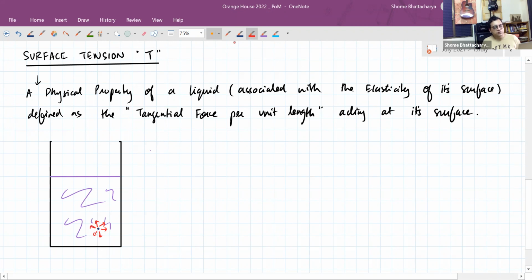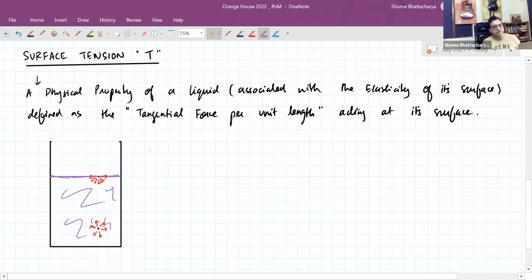Whereas if you consider a molecule at the surface, there are only intermolecular cohesive forces acting in half the volume around it. In the upper part, there's no cohesive forces. So what this does is this creates a sort of a dip in the surface a little bit. So the surface is actually a little bit bent like this always. And that causes a stretching out of the elastic nature of it, which creates tangential force.